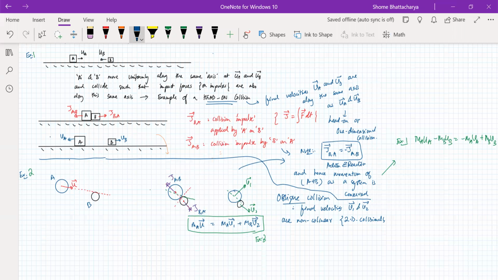But the important thing is in all collisions, momentum is conserved, whether it is oblique or one-dimensional, that is head-on, whether it is just two bodies colliding or more than two bodies colliding. Momentum conservation is applied in all collisions.